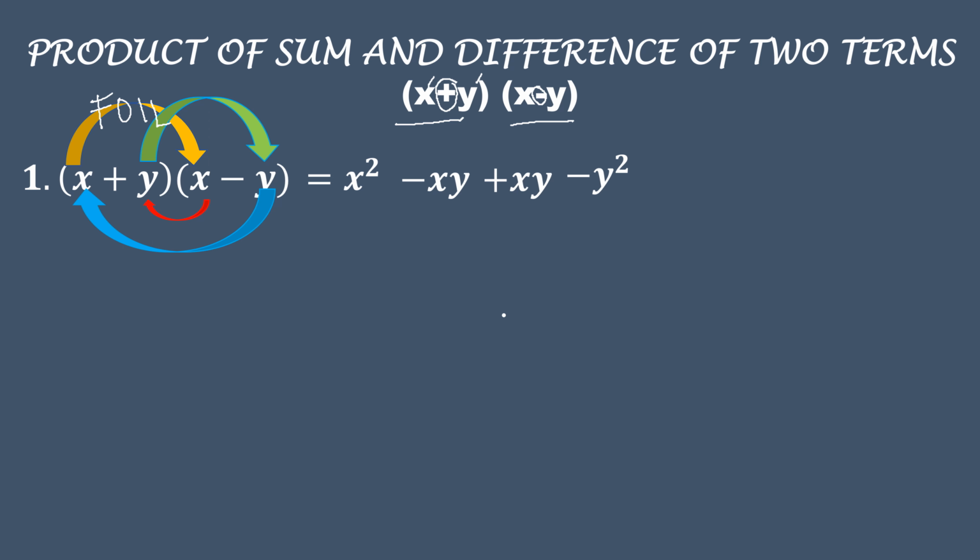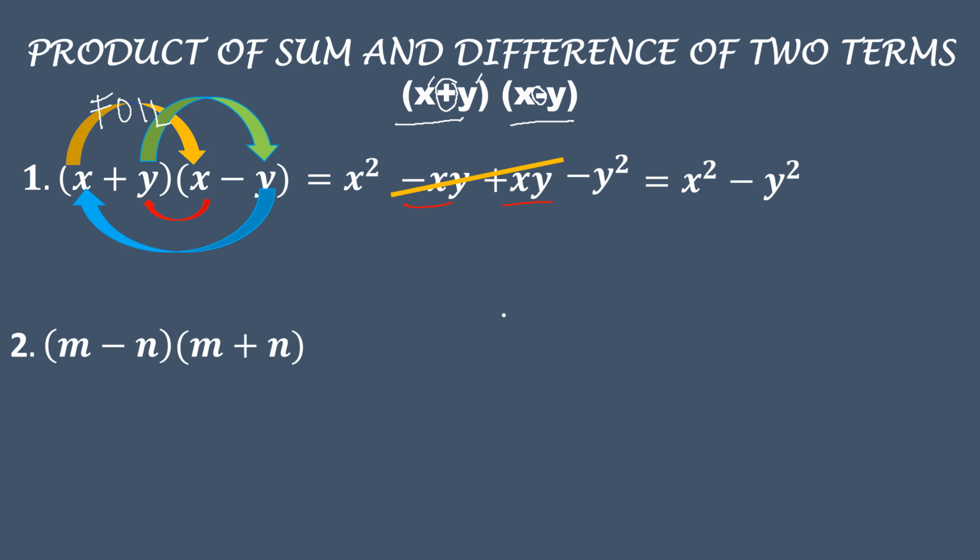And I'm sure that you have in mind that the negative xy and the positive xy are similar terms, thus we can combine them. They both have 1 as the numerical coefficient and opposite signs, so we simply subtract, and that will give us 0. So to finalize, the remaining terms are x squared minus y squared.